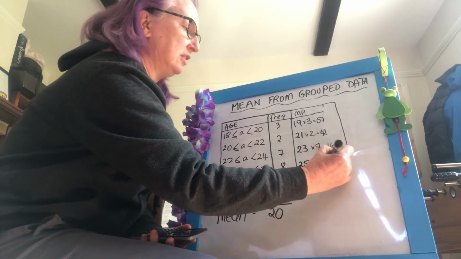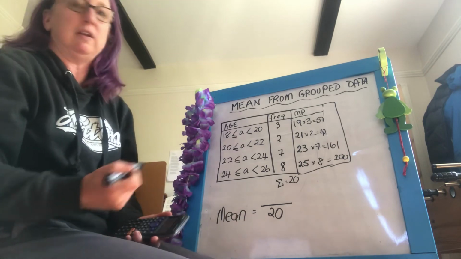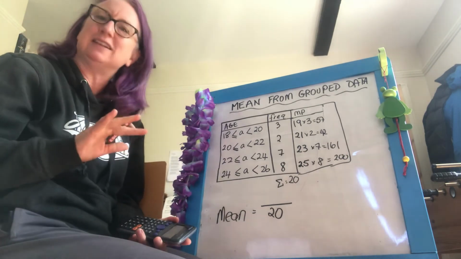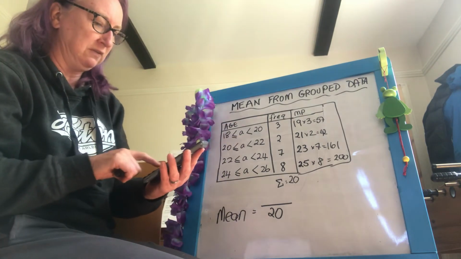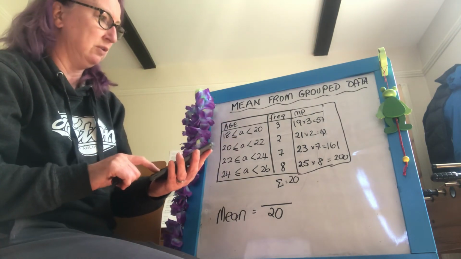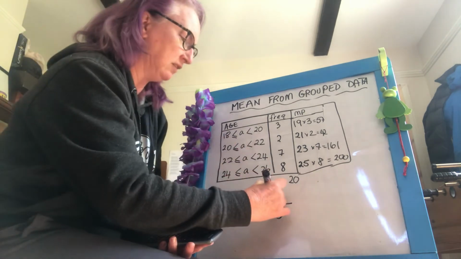And 25 times 8, 200. So now we've actually got what all the scores would add up to. Again, it's an estimate because we've rounded off each group. Add up all of those, so 57, 42, 161 and 200, that equals 460.